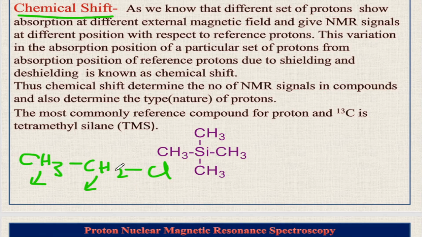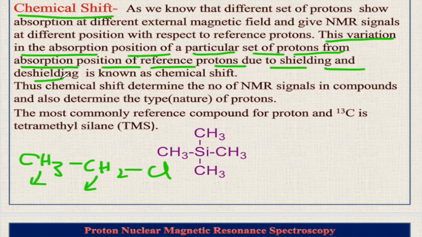So it gives two NMR signals at two magnetic fields. What is the chemical shift? The variation in the absorption position of a particular set of protons from the absorption position of reference protons, due to shielding and deshielding, is known as chemical shift.